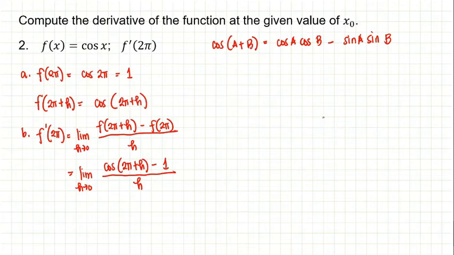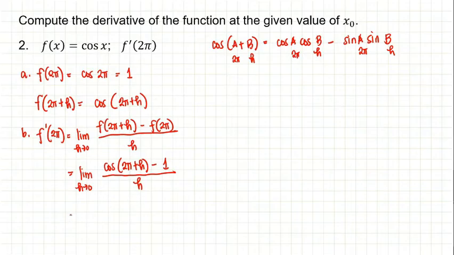Okay? So therefore, we will now have a is 2 pi while b is h. So we will have here 2 pi, here h, then we have 2 pi here, and we also have h here.